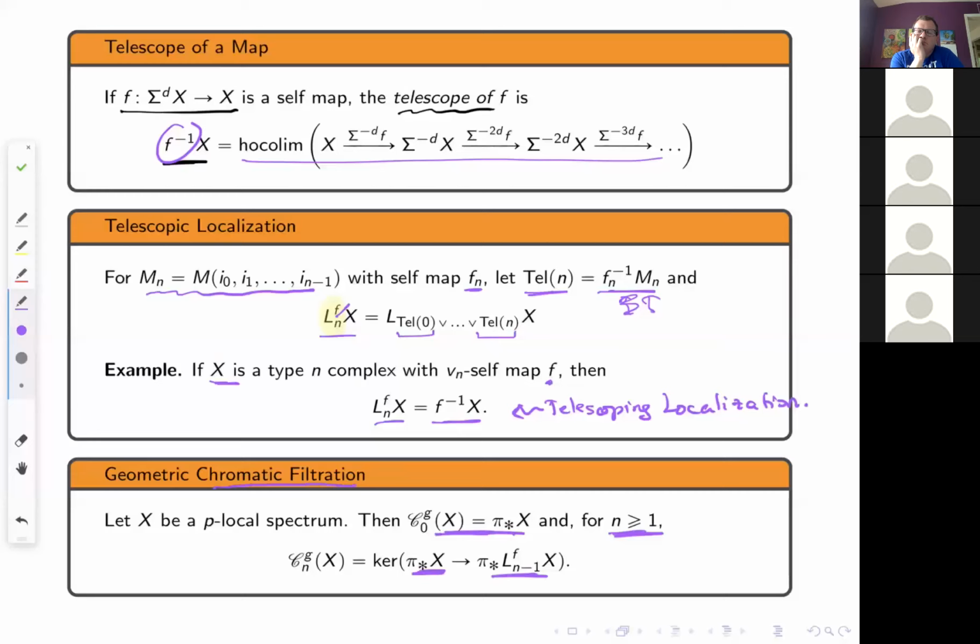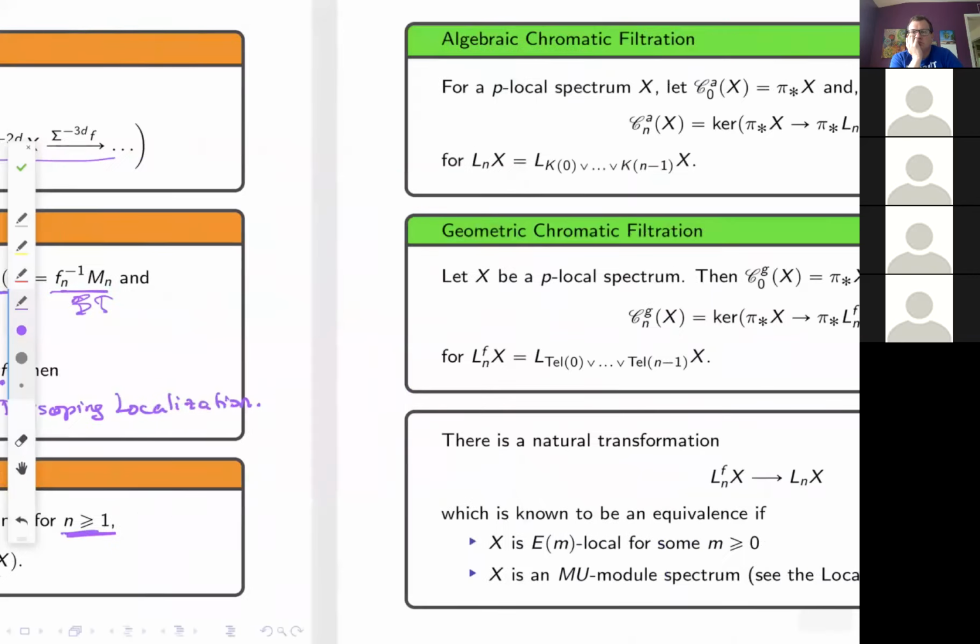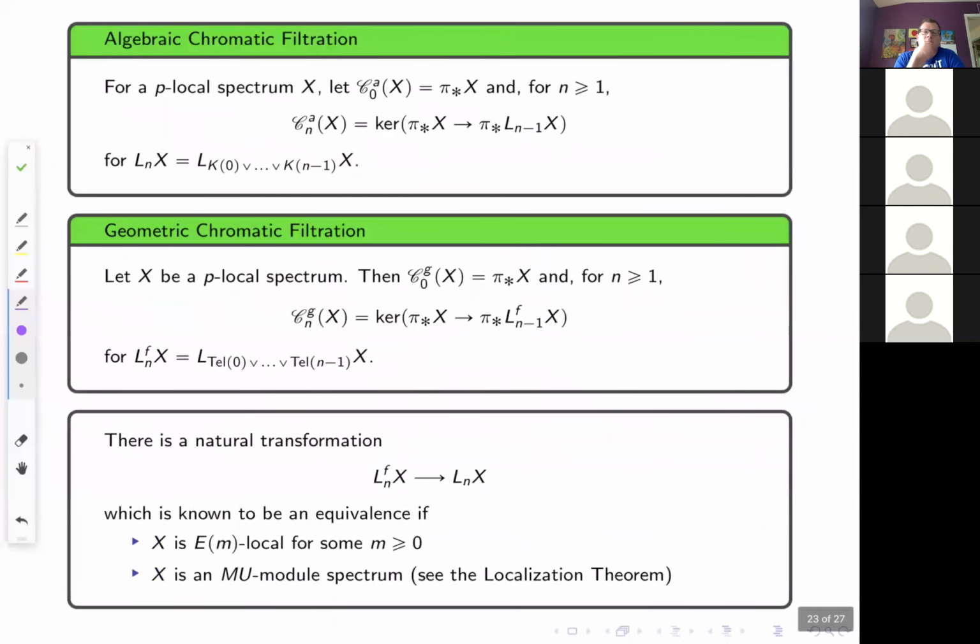That looks a lot like our algebraic chromatic filtration from before. Here is the algebraic chromatic filtration; I just copy-pasted the definition from before. The A, you might have caught on, is for algebraic, and the G is for geometric. Then we have this other localization, which is defined in terms of finite localization, or telescopic localization.